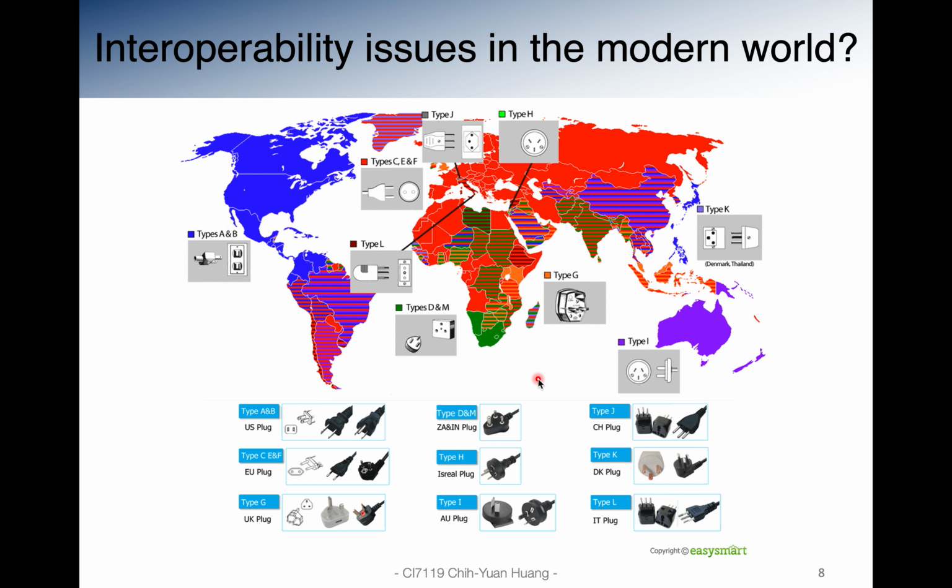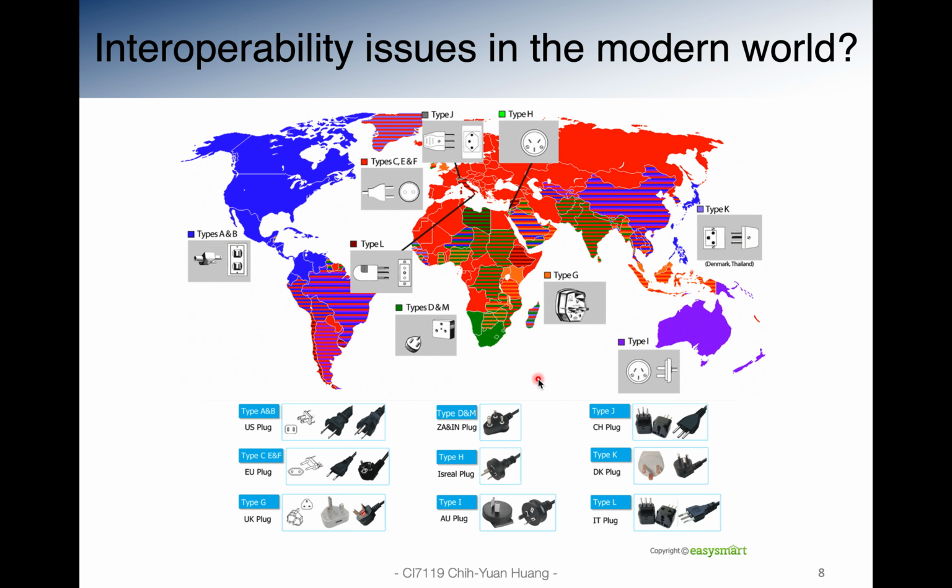If one person only knows Mandarin, and the other person only speaks, for example, English, then these two persons are not able to understand each other. They don't have interoperability between each other. So the differences in the languages that we use every day also have the interoperability issue.